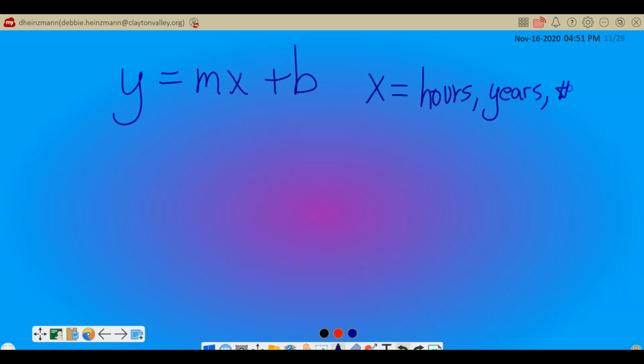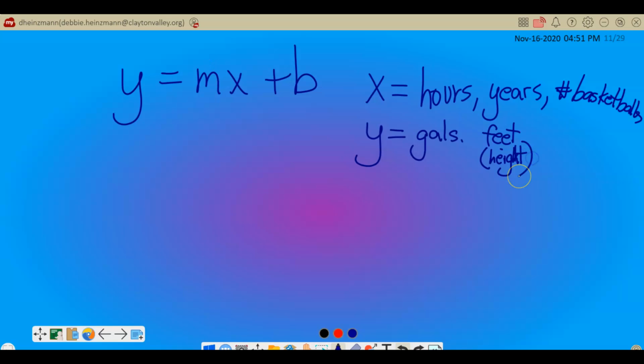X was number of basketballs for another one of our problems, right? What kind of things were Y? Y was things like gallons, feet of a tree, height. Okay? Total cost.